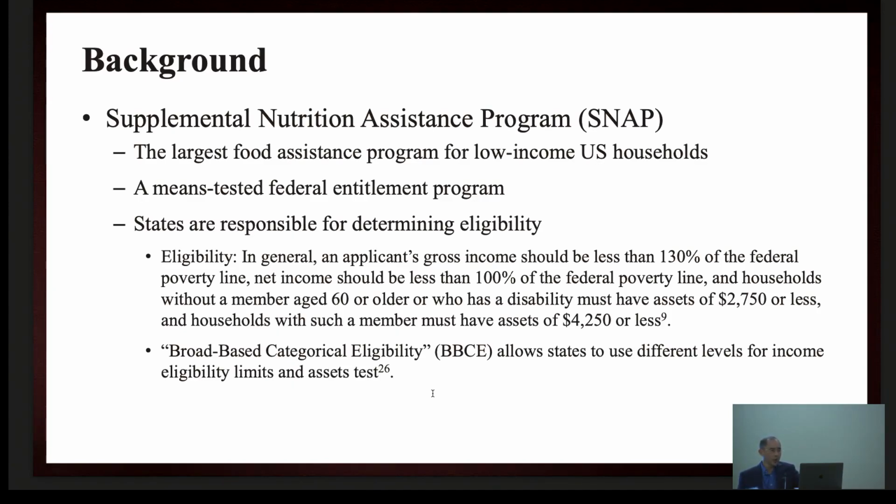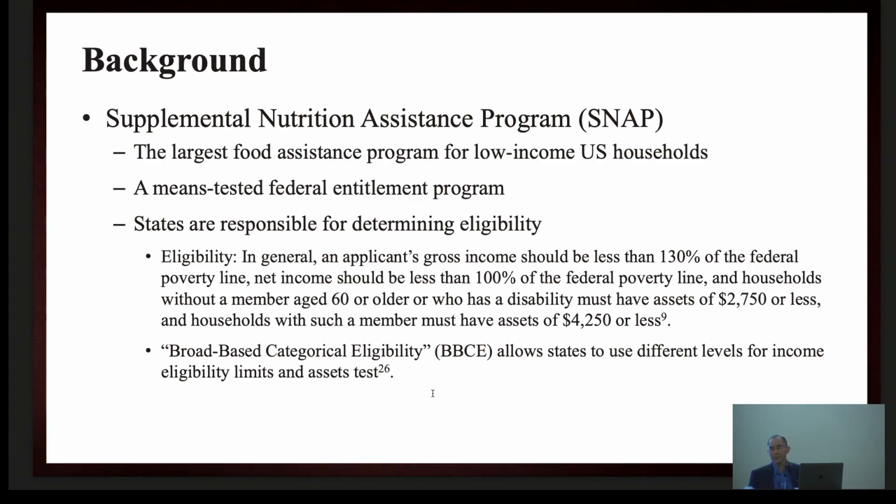As many of you know, there's this list of eligibility requirements: 130% of the federal poverty line in terms of gross income. Net income should be less than 100% of the federal poverty line. And households without a member age 60 and above or who has a disability must have assets of a certain amount, 4,250 or less.